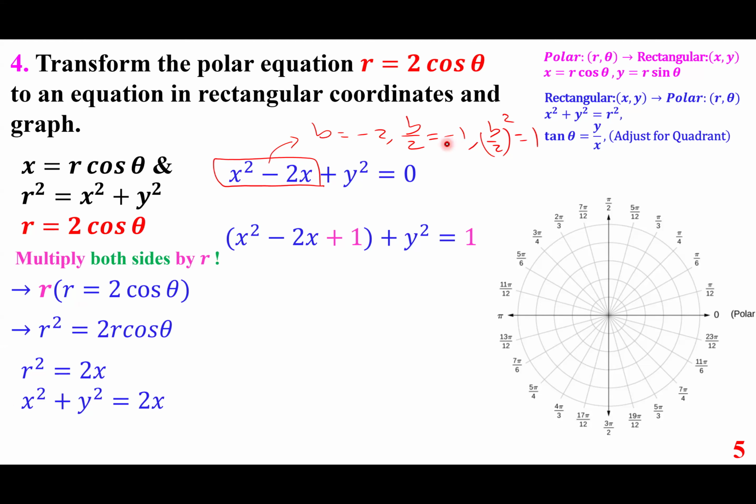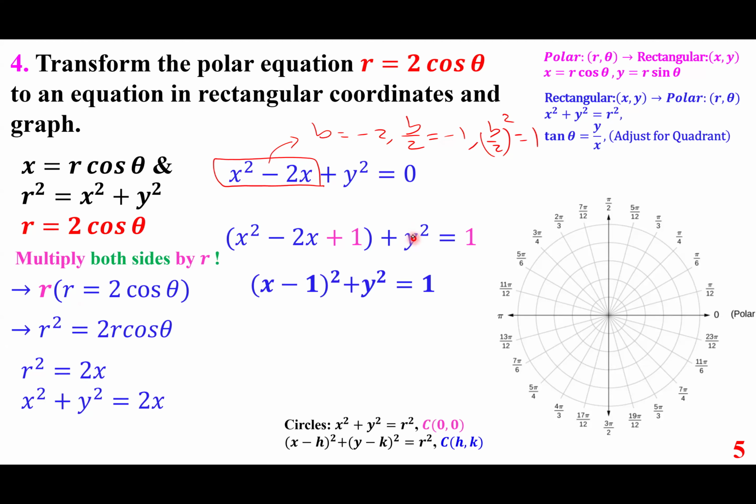That means x minus 1 quantity squared. This doesn't change, y squared equals 1. And reminding you that circles have the following equations: x squared plus y squared equals r squared, centered at 0, 0. X minus h quantity squared plus y minus k quantity squared equals r squared, centered at h, comma k. Therefore, this is the circle, centered at 1, 0. Radius, square root of 1, which is 1.